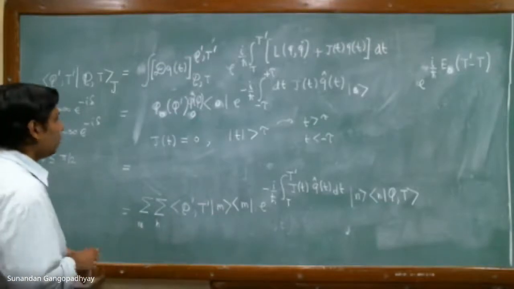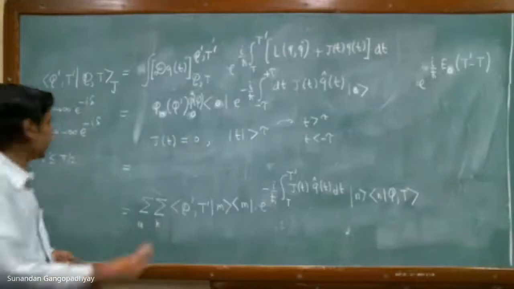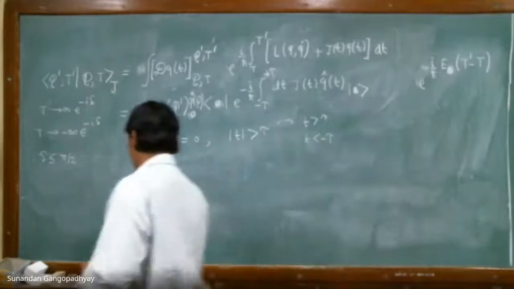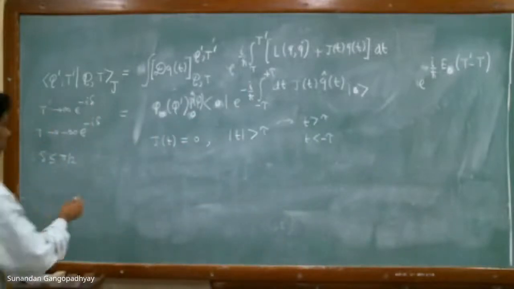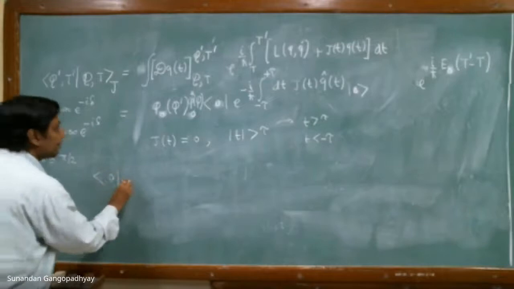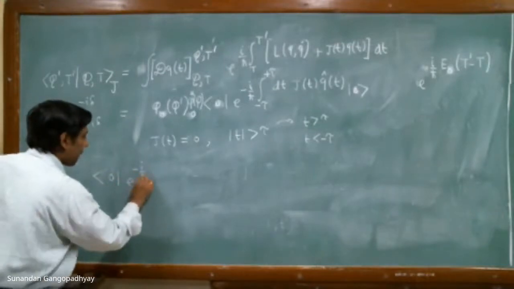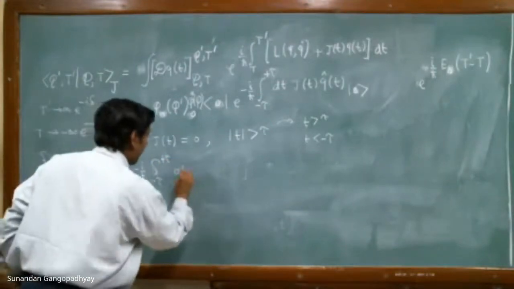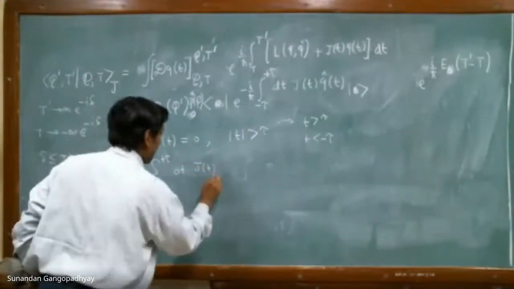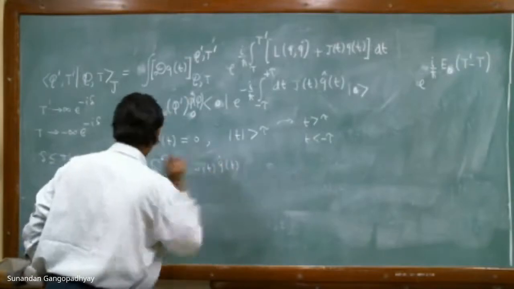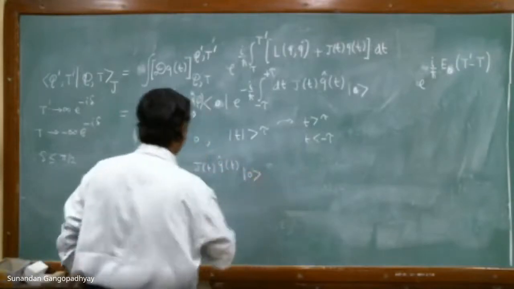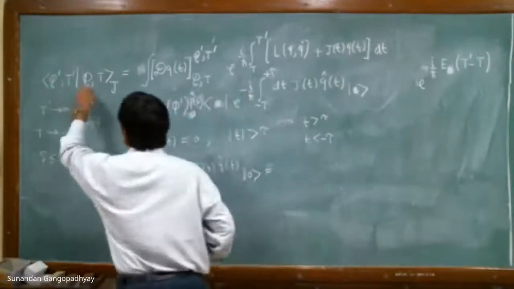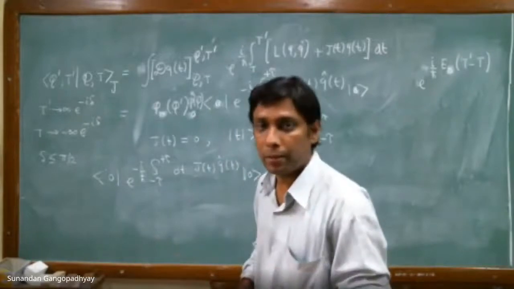Therefore, once again, we have the following expression. You see that we can write this as this. This thing is basically equal to this object with the limits of t prime and t.